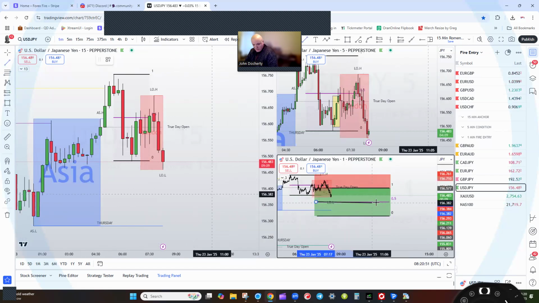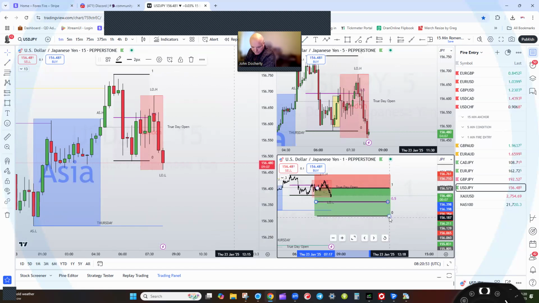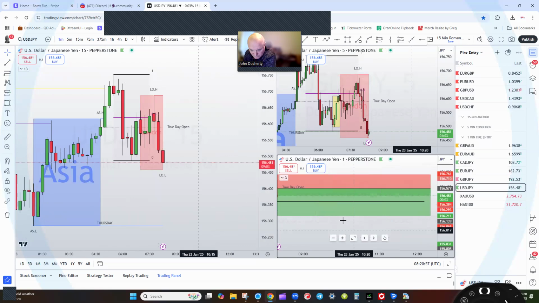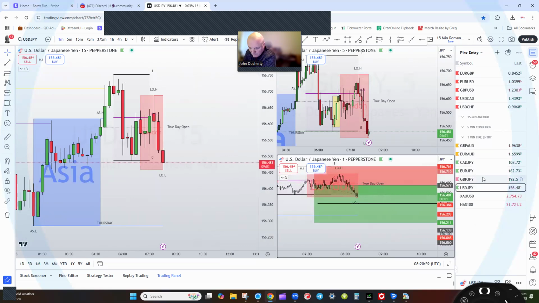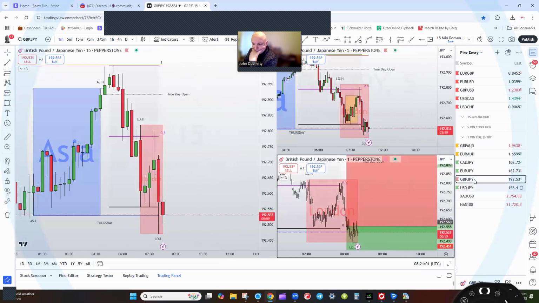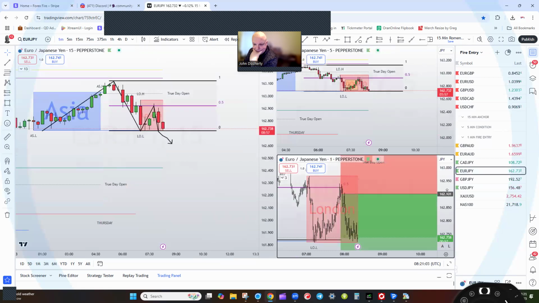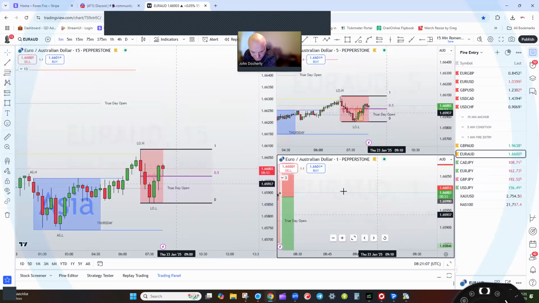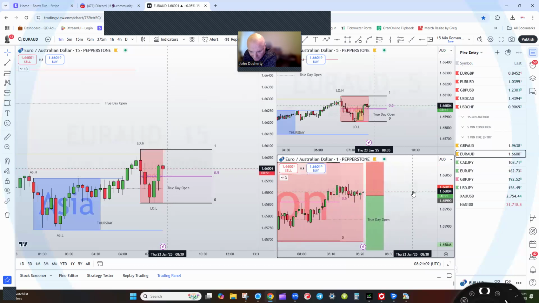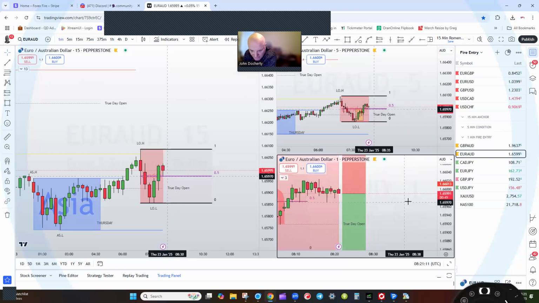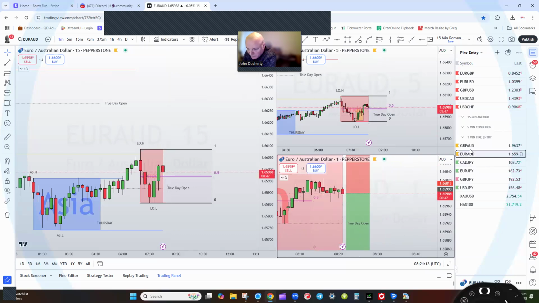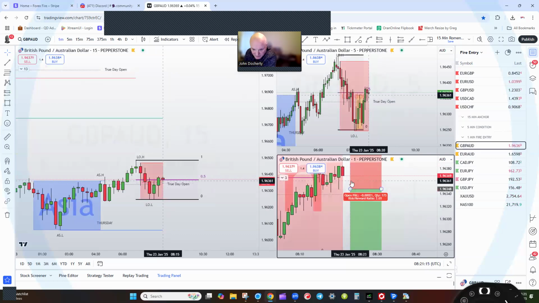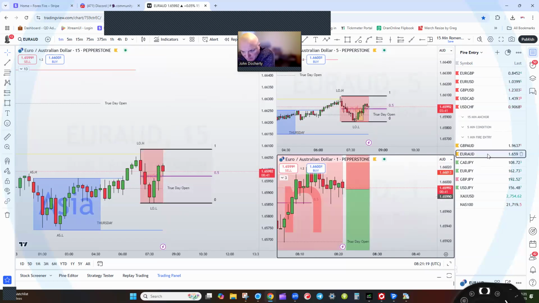That there's the 1% line. GJ, AJ, Euro odd. Right, so we could be getting an engulfing coming in a minute, and the same applies with this one. So we'll just keep an eye on these two.